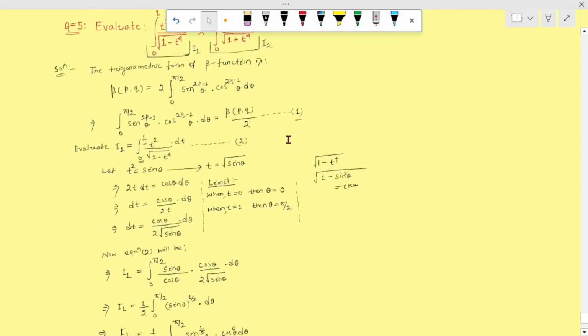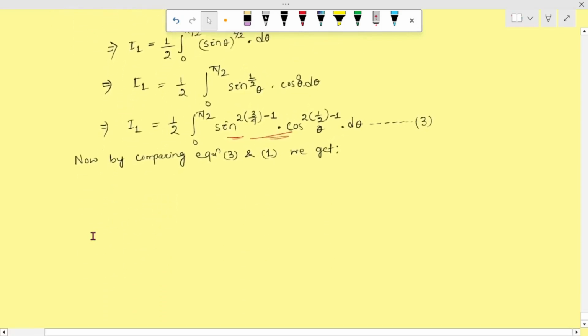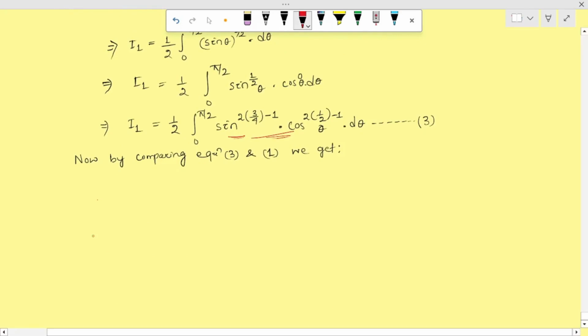So by comparing equation number 3 and 1, we can write that implies I1 will be equal to 1 by 2 into beta 3 by 4, 1 by 2 by 2.